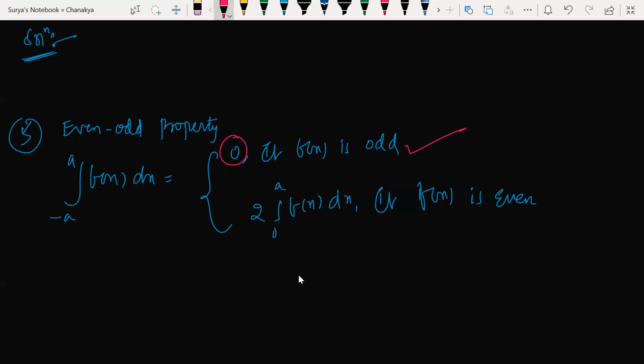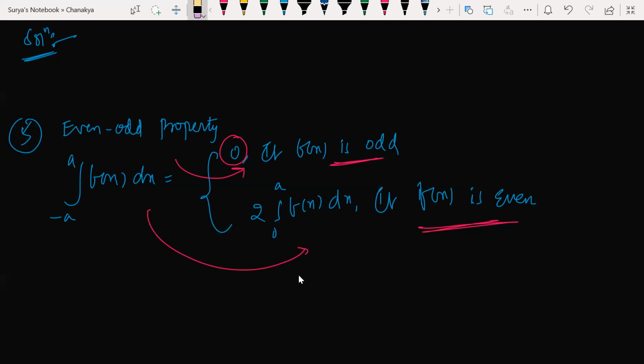And it is going to be 2 times this one if the function is even. It is going to be 0 if f of x is odd. Correct? Very simple. So this is the fifth property.